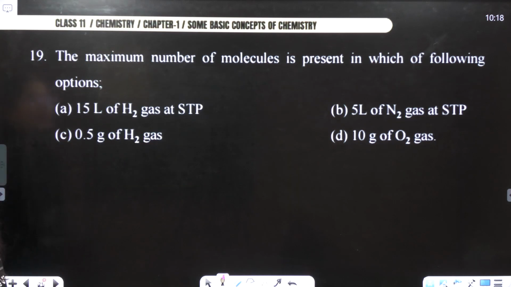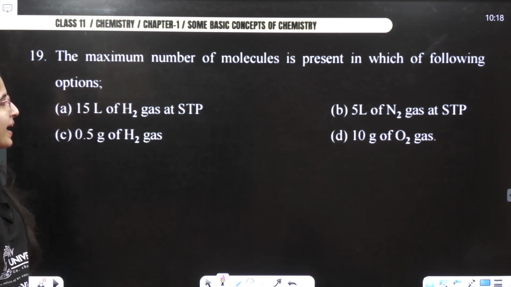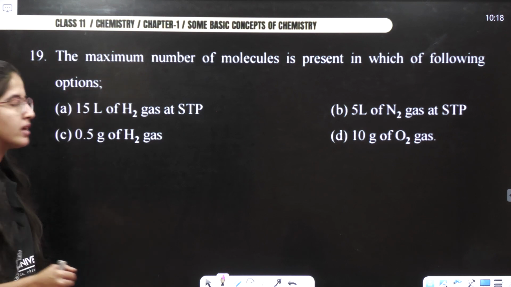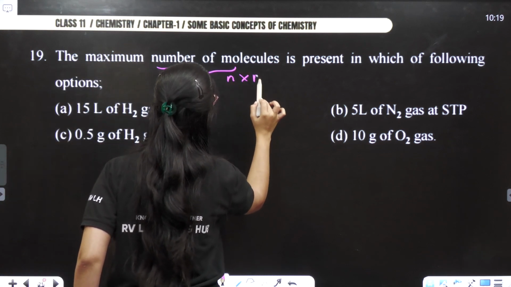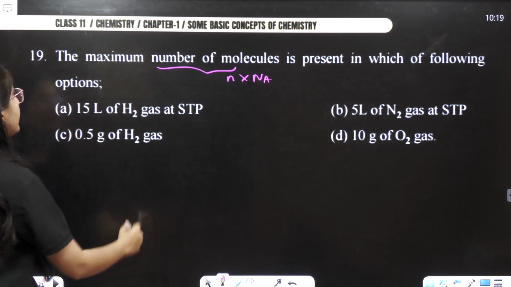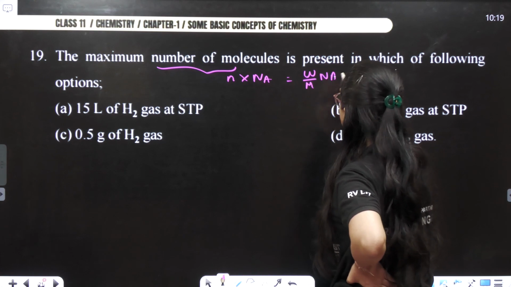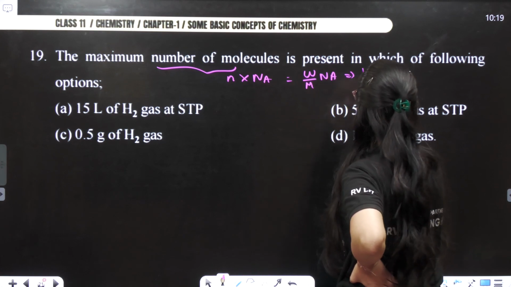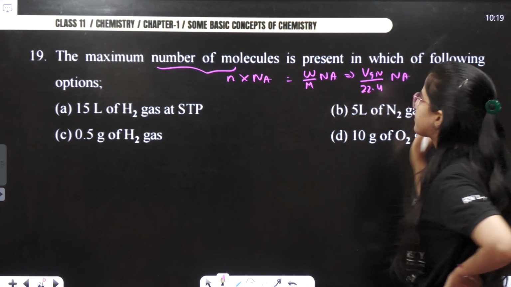Next question. The maximum number of molecules is present in which of the following options? So the maximum number of molecules they have asked. So how will you calculate number of molecules? Number of moles into Na, correct? So number of moles, how will you calculate? It will be either equal to weight divided by molecular mass. If it is a gas at STP, it will be given volume divided by 22.4 liter into Na.